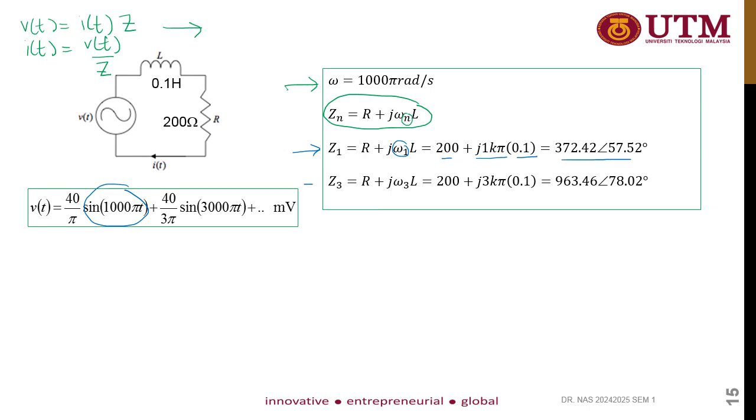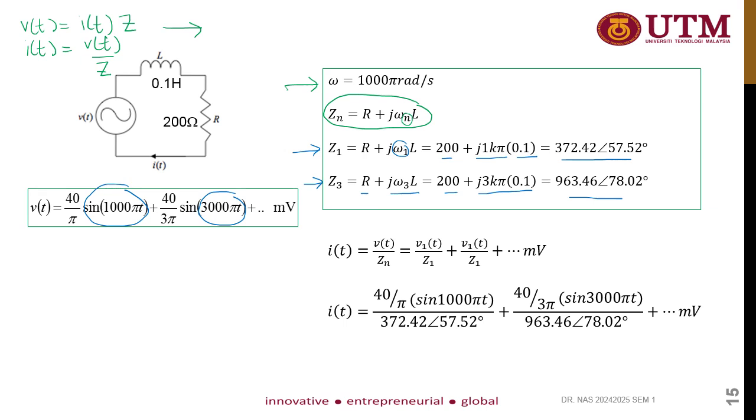Next, for Z3, for the third harmonics, R plus j omega 3 L, so your R 200 plus j omega 3, in this case 3000, multiply with L. So you get this equation.